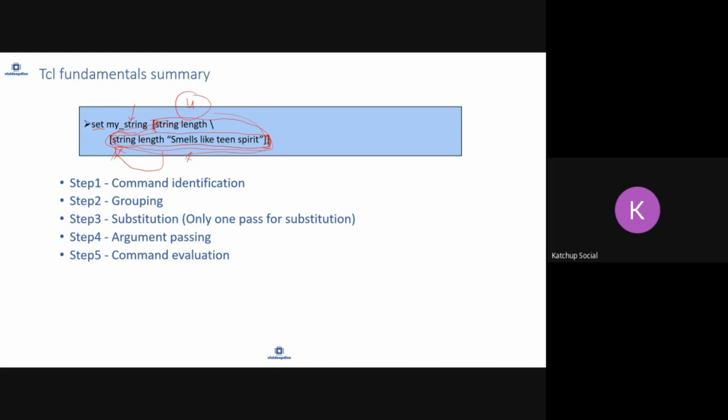Let's say the value of this is 4, it will be 1. Then the value is passed to the command, and what that command will do is set my_string to the value 1, and that's the command evaluation. So these steps will happen. Try these commands, as I said, on the online compiler.